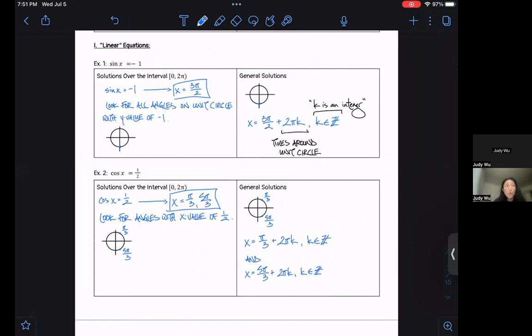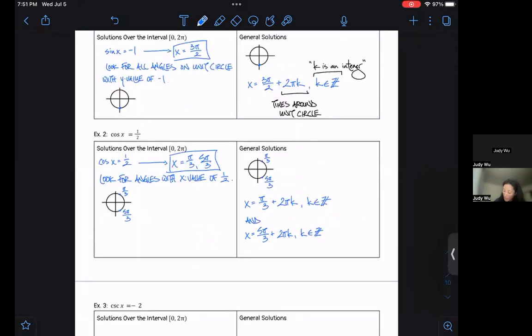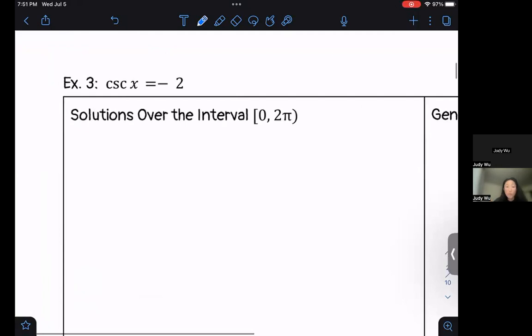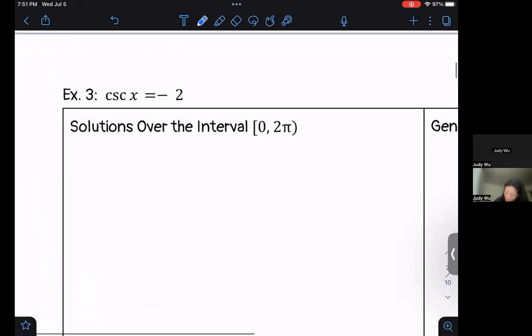Now, we're going to do one more here before we end this part one of the video, okay? And that's going to be example 3, right? And so in example 3, we'll notice that we don't have sine or cosine, but we actually have cosecant. And I know that sometimes when it's sine or cosine, we already get nervous enough, but then cosecant makes us more nervous, okay? So let me show you how I would approach a question like this.